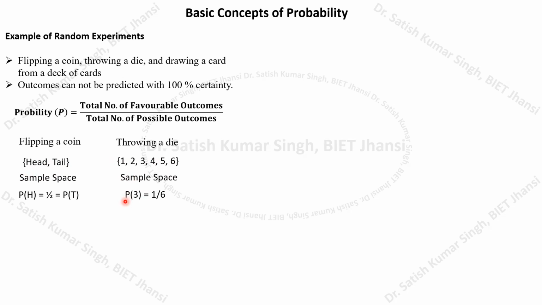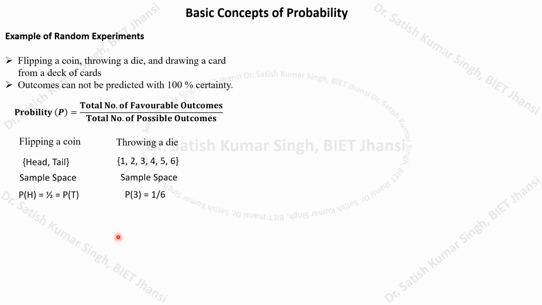If we ask what is the probability that after throwing a die the number 3 will appear, the probability is 1 by 6, because there are a total of 6 possible outcomes, and only one of them is 3.